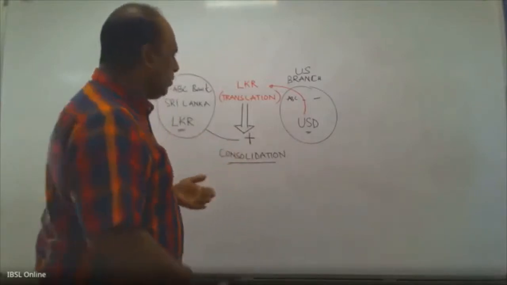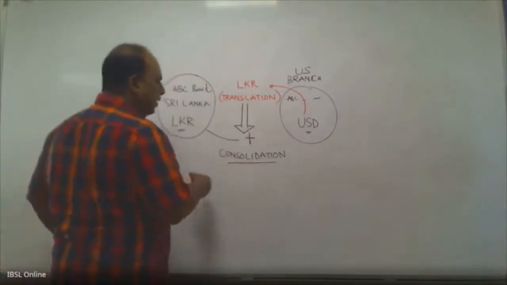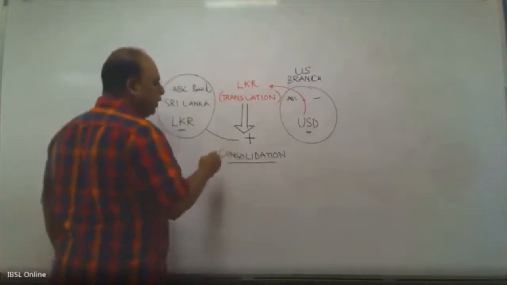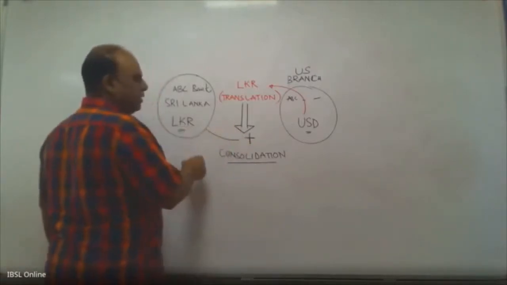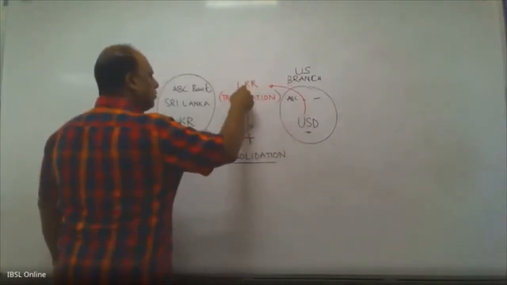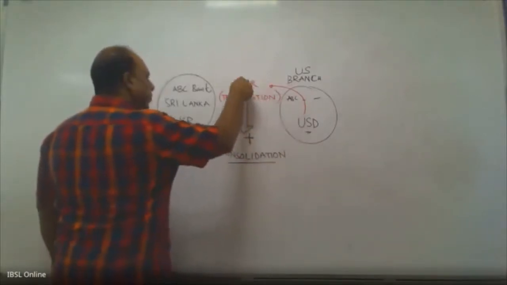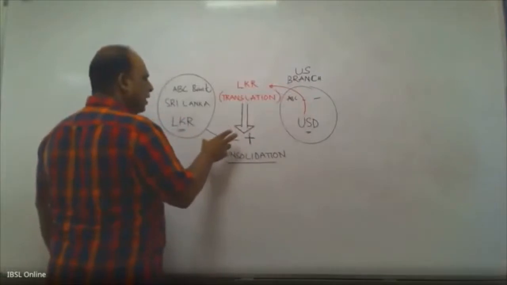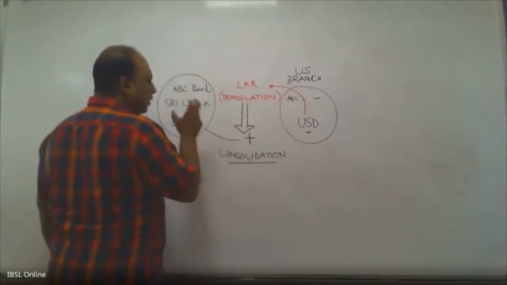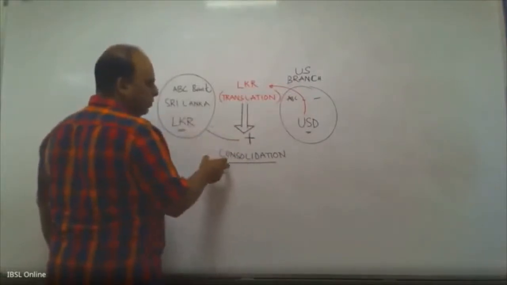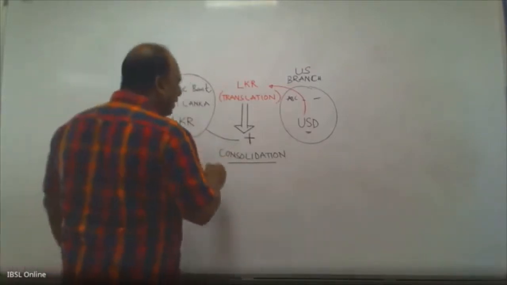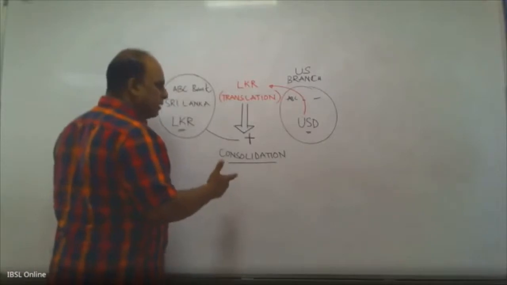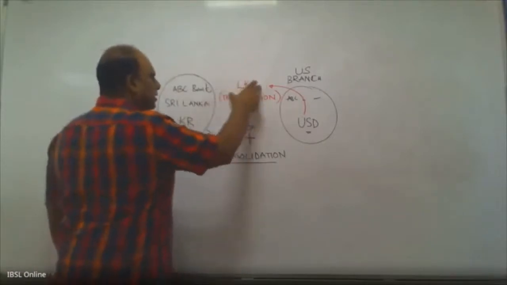Now we come to an agreement that you can add the two when you have it in one currency only. So this is already in rupees. I will convert this into rupees, which is called a translation. Then I have both these operations in rupees, where I can add. So by doing that, what am I doing? I am presenting my financial statements in one particular currency.